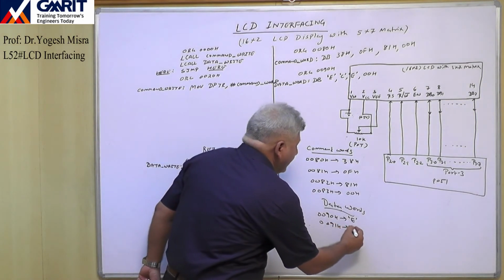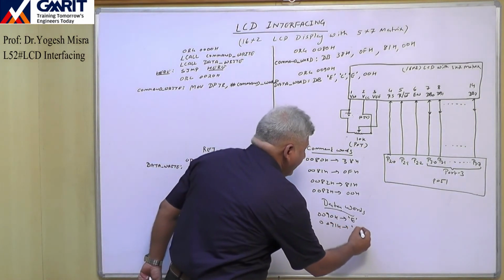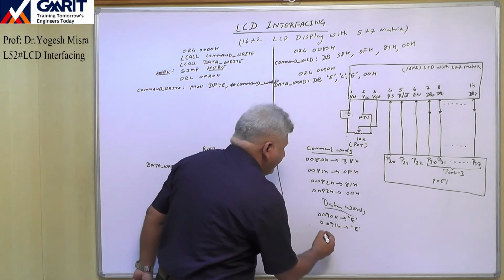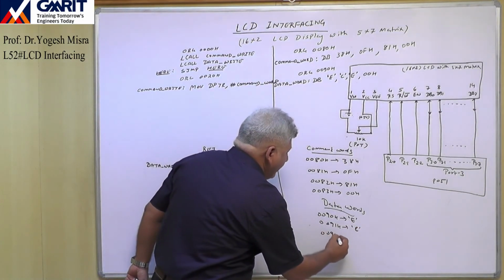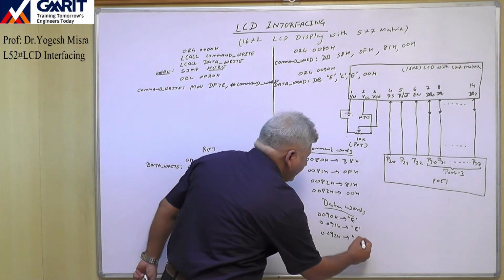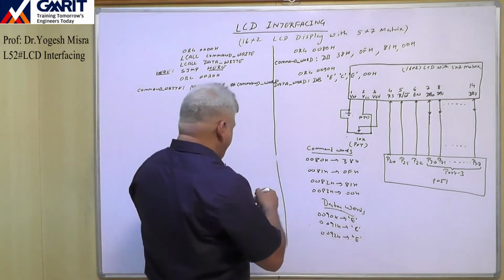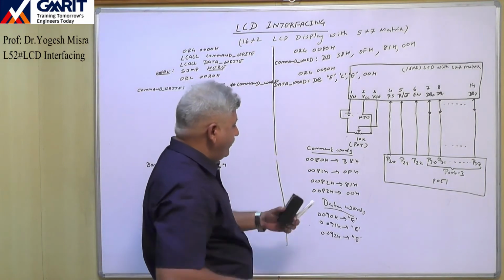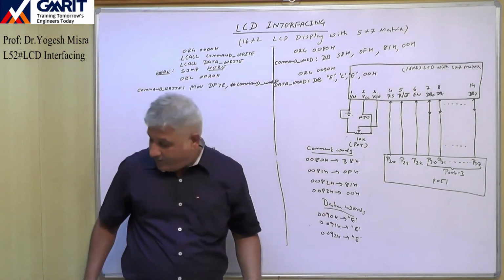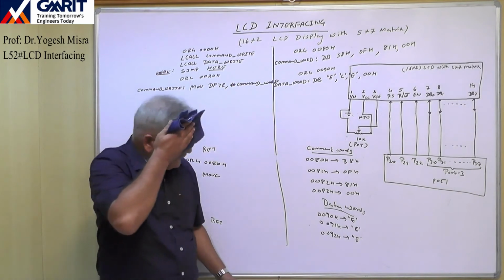At 0091H we have the 8-bit ASCII code of C. At 0092H we have the 8-bit ASCII code of E. Right? In this way, in the code memory itself, we have loaded the command words and data words.